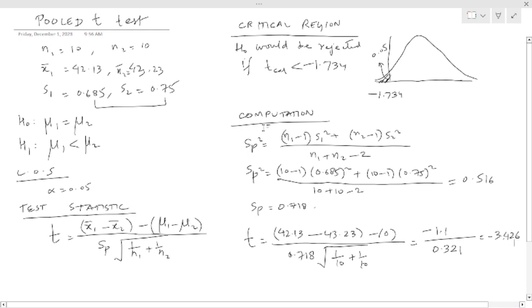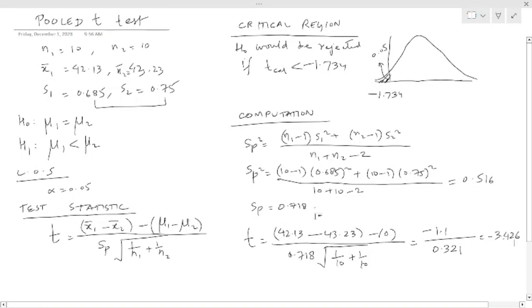Now in the computation step, we are first going to compute the SP squared value, substituting n1, n2, s1 squared, s2 squared in their places in this formula, and I have worked out this answer already after substitution. SP squared value is coming up as 0.516. When we take the square root of SP squared to substitute in the t formula, SP equals 0.718.